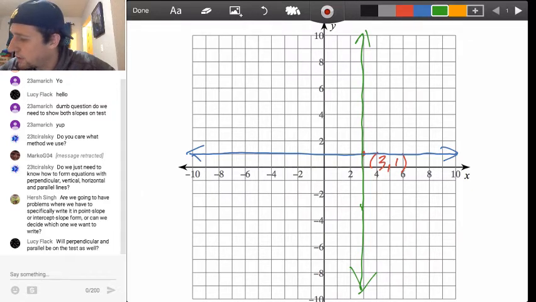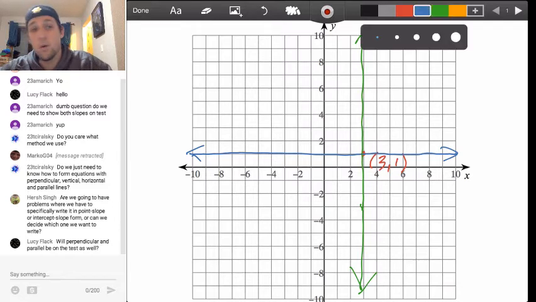For the equation of the blue one, what you have to realize is it's not that they both have no slope exactly. Technically, the horizontal line, the blue one, has a slope of 0/1 or just 0. And the green line has a slope of 1/0, or undefined.